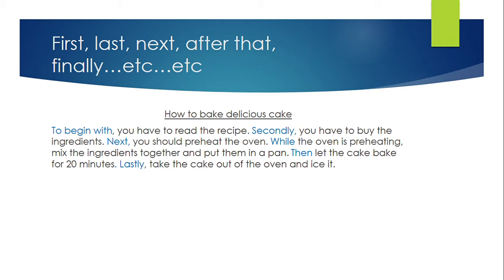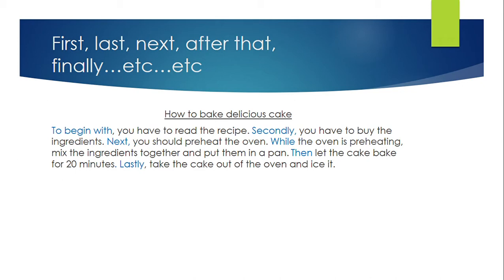While the oven is preheating, mix the ingredients together and put them in a pan. Then, finally, that is after that you can say then, let the cake bake for 20 minutes. Lastly, that is finally, take the cake out of the oven and ice it.